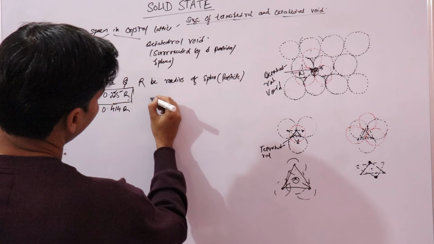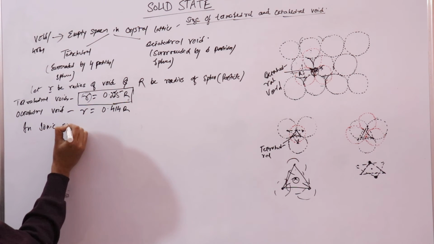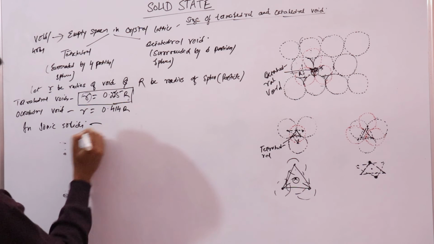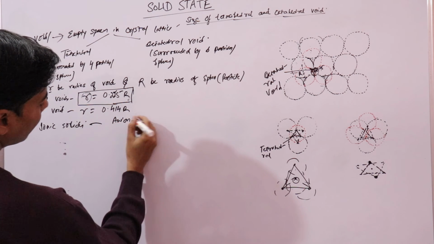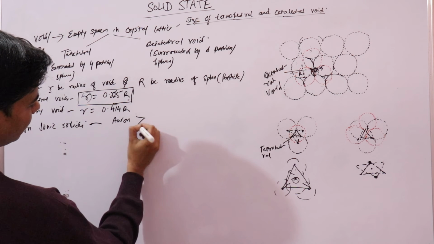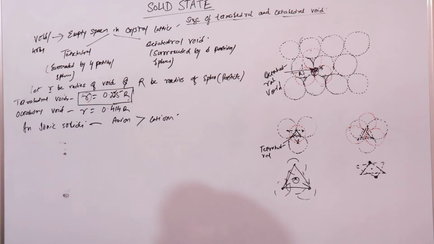So in ionic solids, the size of anions is bigger than that of cations.